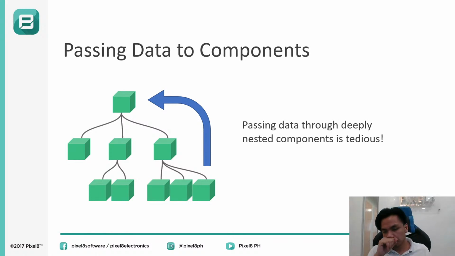So passing data through deeply nested components is tedious and very difficult to implement. Also, it is more prone to data errors because who knows what might happen along the way. Let's say the data from the third level gets passed to level 2, and for some unknown reason the data gets changed.